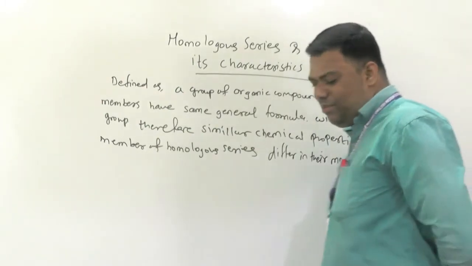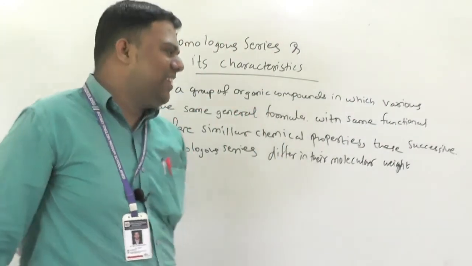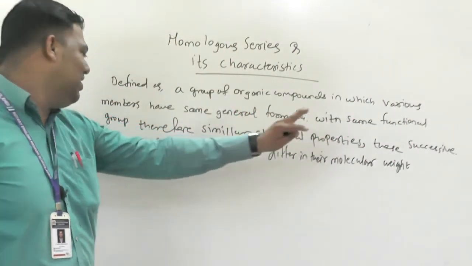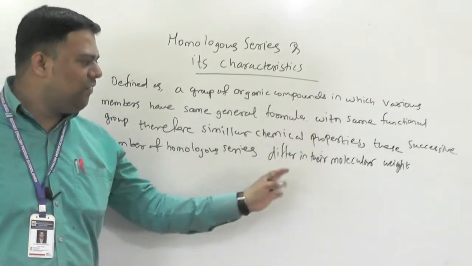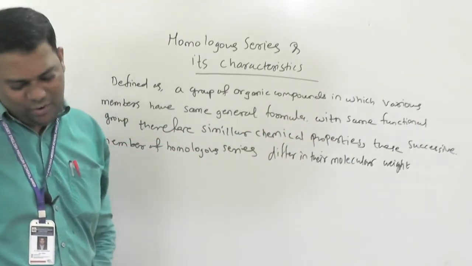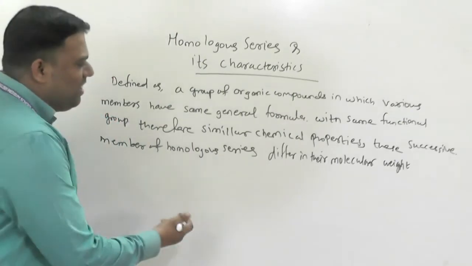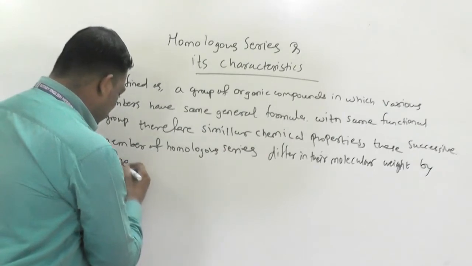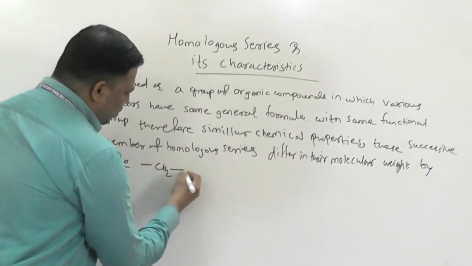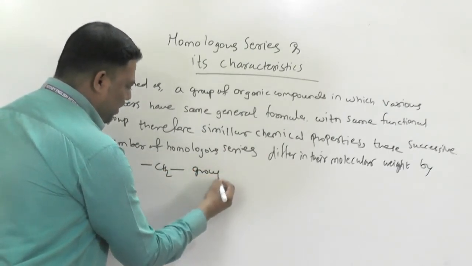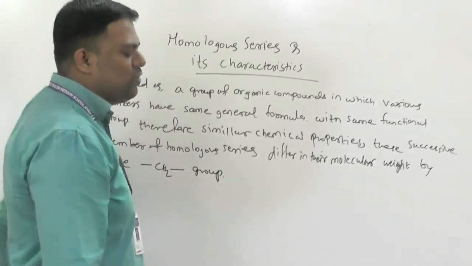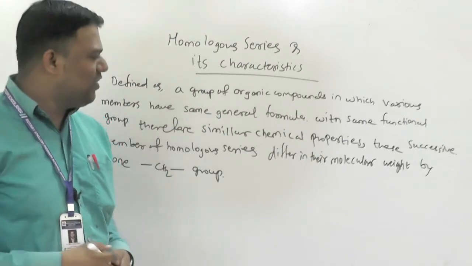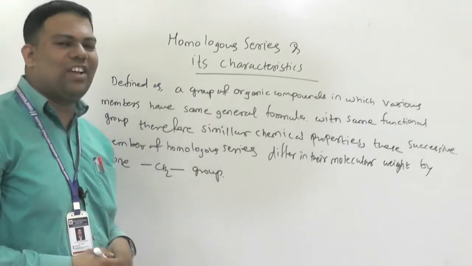How much does that molecular weight differ? It is so interesting here. These successive members of homologous series differ in their molecular weight by one CH2 group. So this is what is called your homologous series.